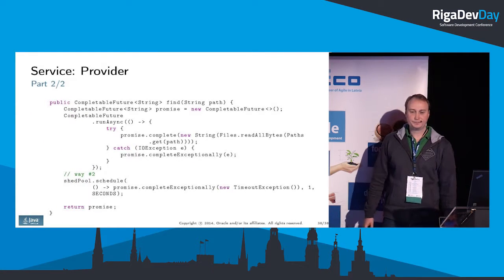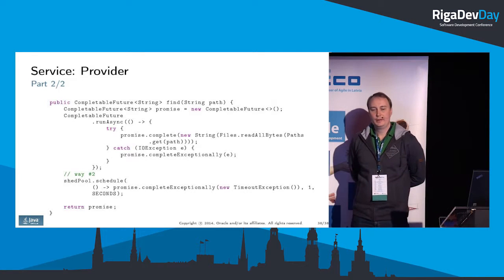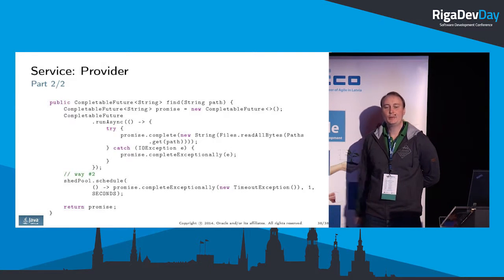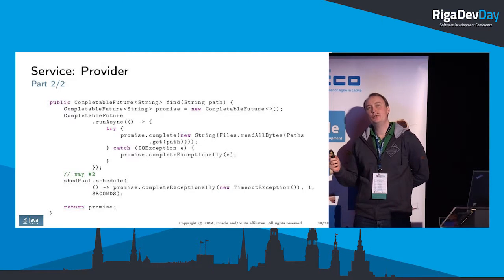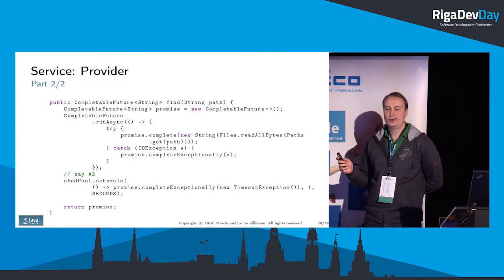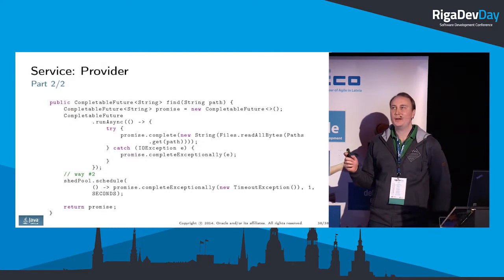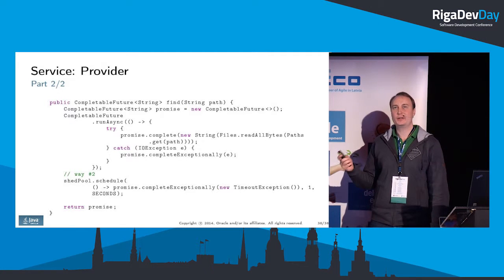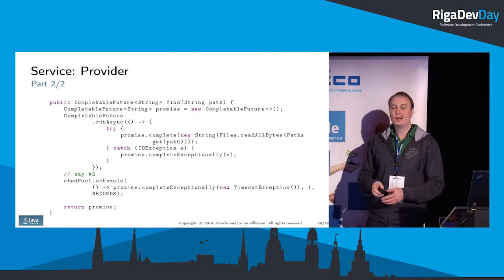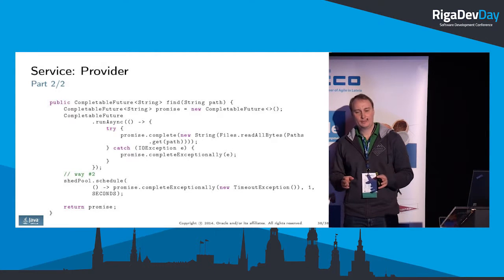Look at this. Here we create CompletableFuture just like I described in the very beginning, using its constructor. But then we do some magic.